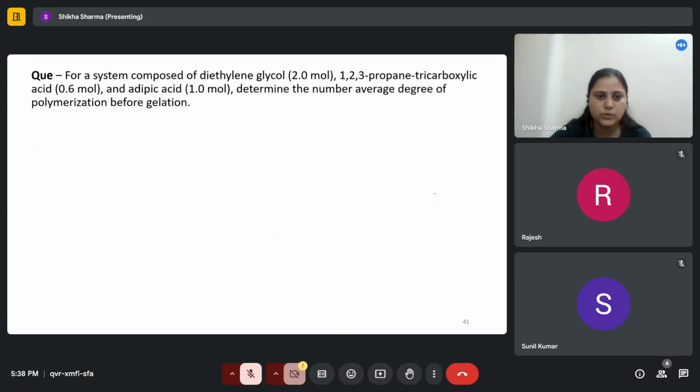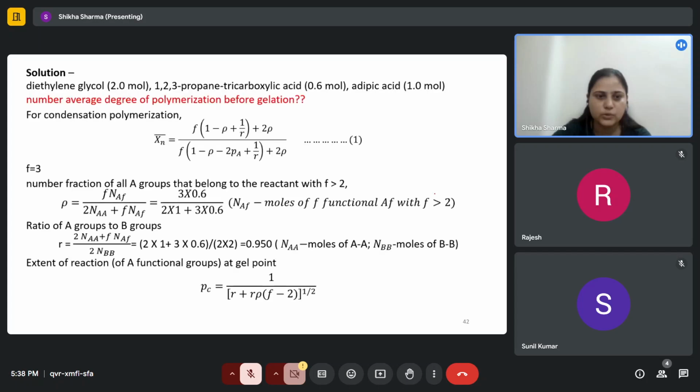So for a system composed of diethylene glycol, which is 2 moles, 1,2,3 propane tricarboxylic acid 0.6 moles, and adipic acid 1 mole, determine the number average degree of polymerization before gelation. So we need to calculate the number average degree of polymerization before gelation. Let's try to solve this question.